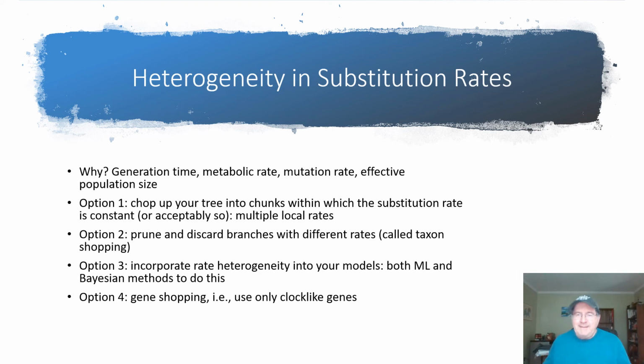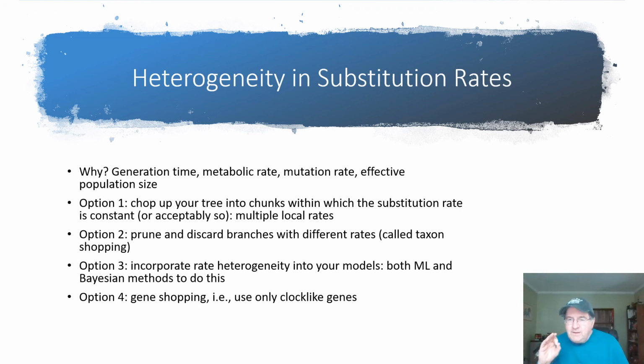And then finally, one that has just recently been proposed is kind of the opposite side of the coin of taxon shopping, and they called it gene shopping. Basically, now a phylogenetic analysis can include thousands of genes. The idea is you go in, look at each of those individually, and test them to see whether or not the rate of substitution is more or less constant throughout the evolutionary history of that one gene, or if it shows differences through time or across the taxa in there.